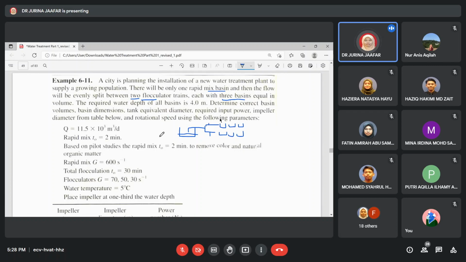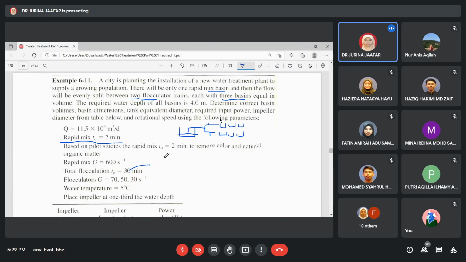for all the basins is 4 meters, and determine the correct basin volume, the basin dimensions, the tank equivalent diameter, and the power input, impeller diameter, and also the rotational speed for the following parameters. So everything is given, and of course you can see for the rapid mix, the time given is much smaller, it is 2 minutes only. But the flocculation process will take a longer time.